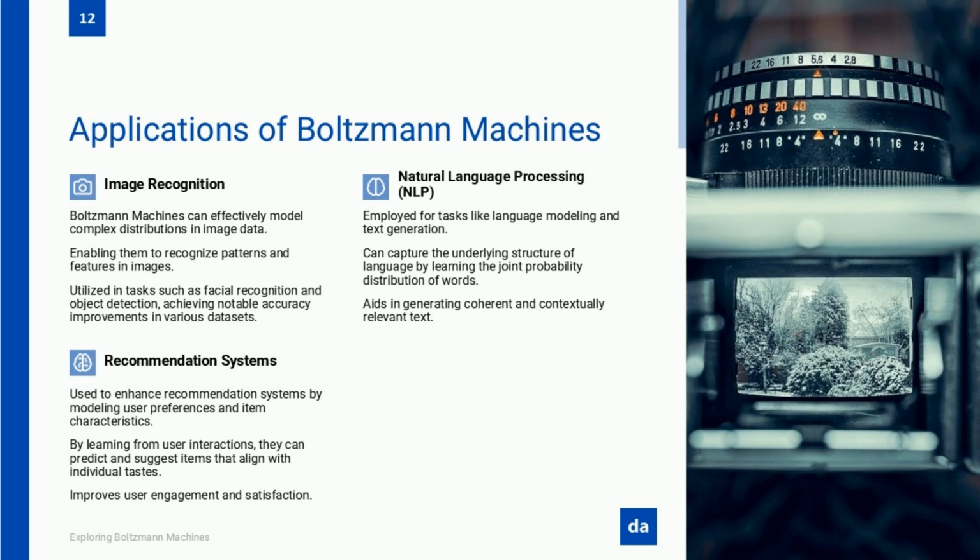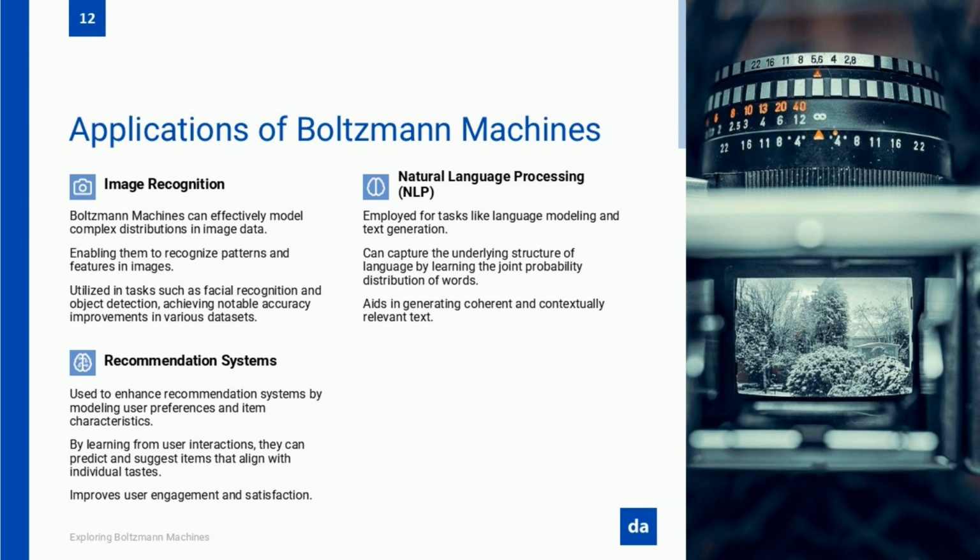Boltzmann machines have also played an important role in image recognition and feature extraction. Because they can learn hierarchical representations of data, they have been used in early deep learning models for detecting patterns in images.